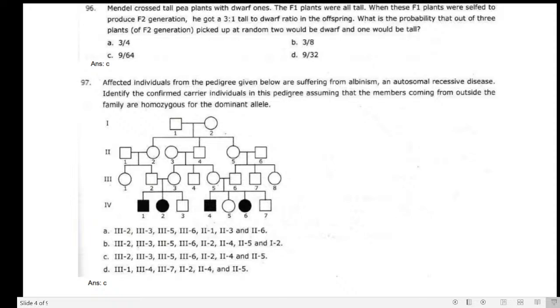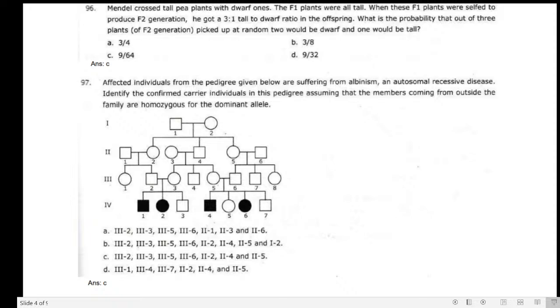With that modeling you can get the answer 9/64, because the denominator is 4 into 4 into 4. The first step has 4, the second step also 4, the third step also 4.